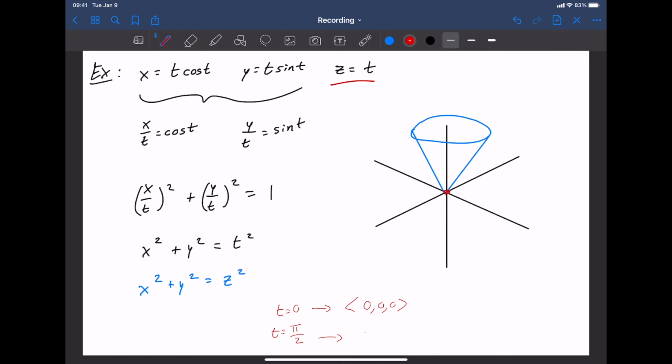Pi over 2 is actually going to give us something like 0 on the x still, pi over 2 for the y coordinate, and pi over 2 for the z coordinate. So that's maybe up here, if you can picture what I'm laying down. What about t equals pi? Got negative pi, 0, pi. It's back here.